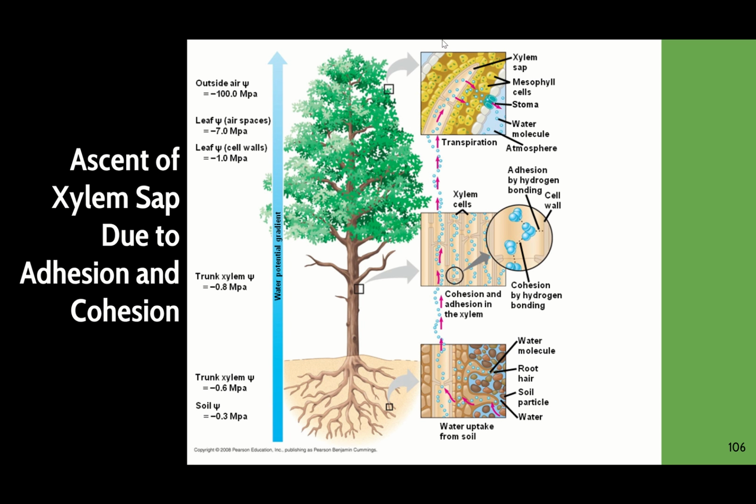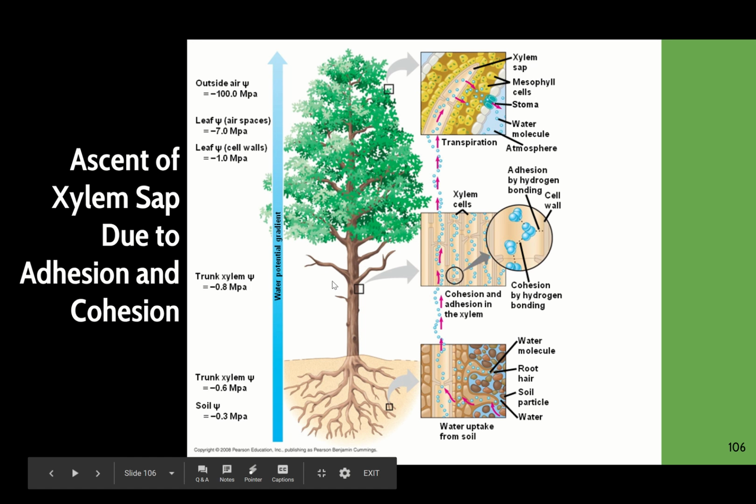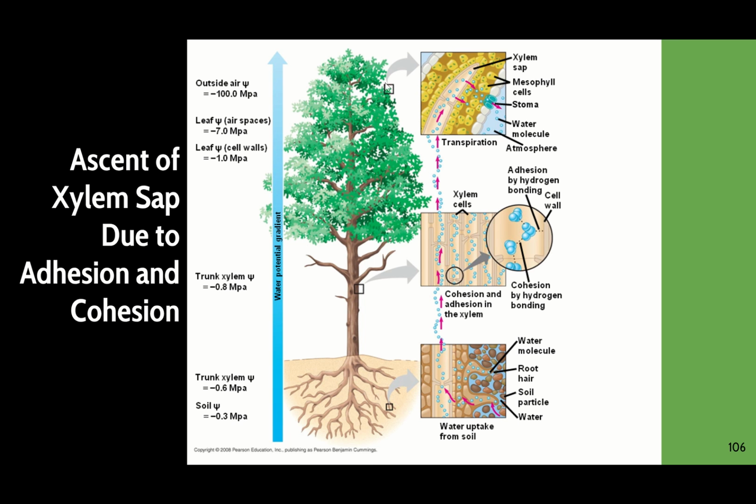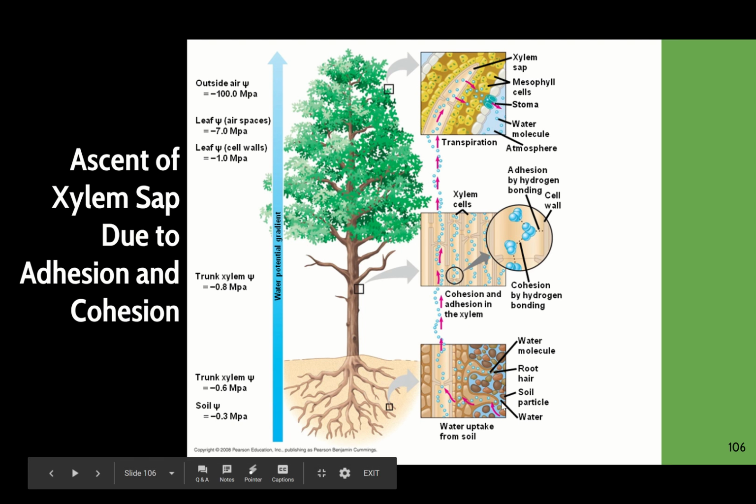And this image is a really good summary of what's going on here. All right. So over here, we have the roots, and then we have a bit of the trunk, and then we have the leaves. And this is showing how xylem transport is going to occur because of cohesion and adhesion.